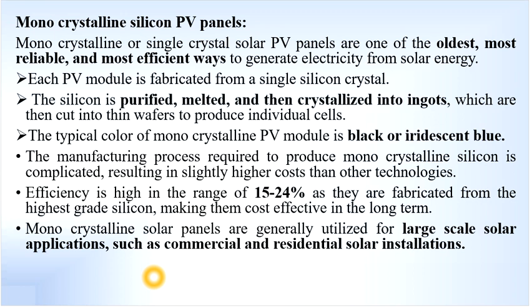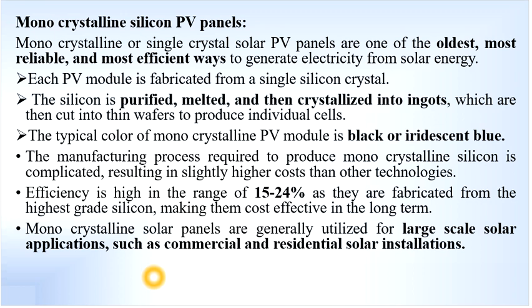Since it is very complicated, this results in higher cost for the monocrystalline type, and the efficiency is high, in the range of 15 to 24%, as they are fabricated from the highest grade silicon, making them cost effective in the long term, right? Even though the cost is higher initially, in the long term they are cost effective because their efficiency is more.